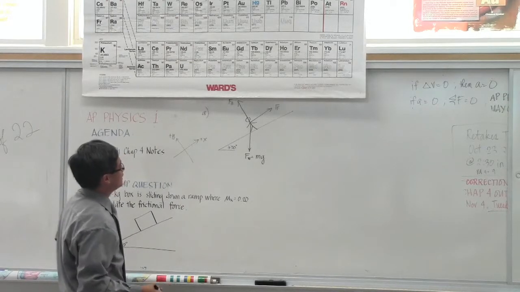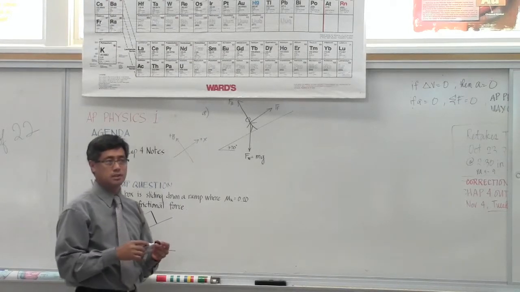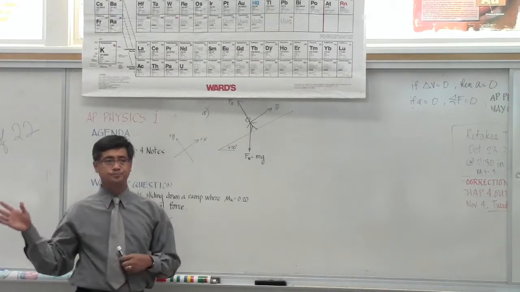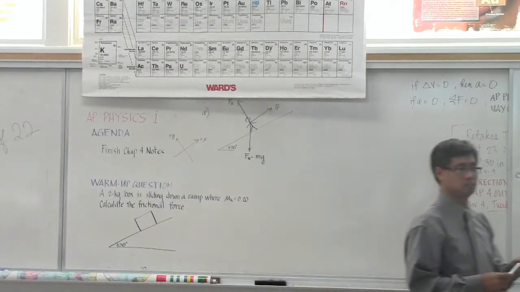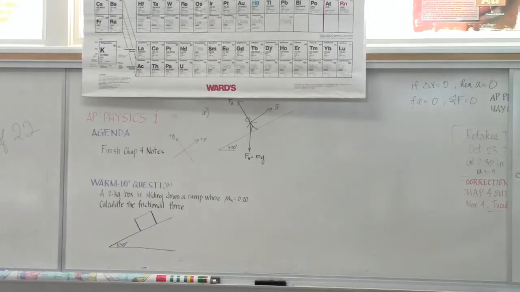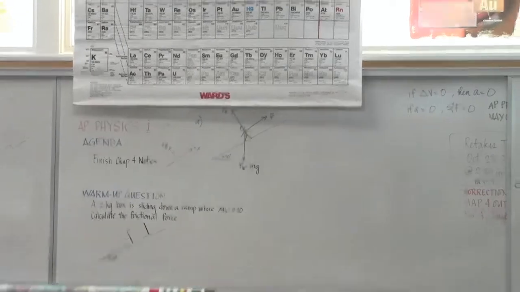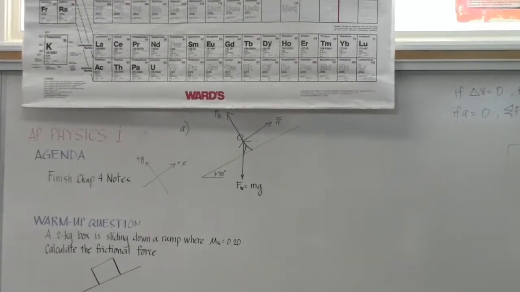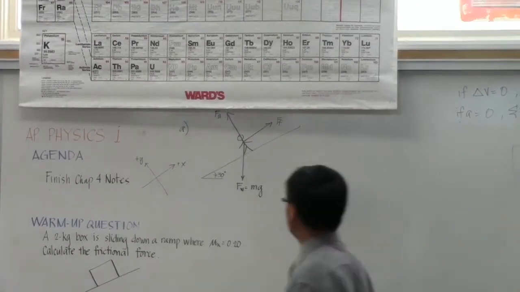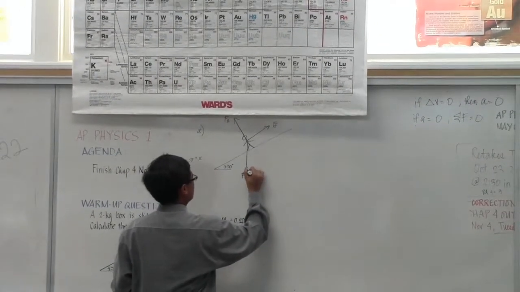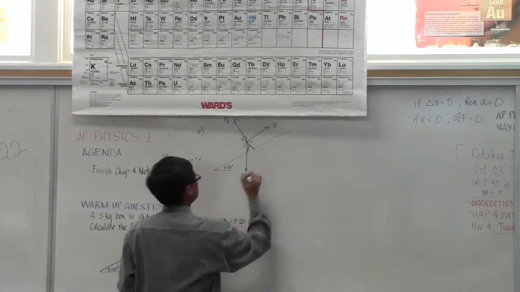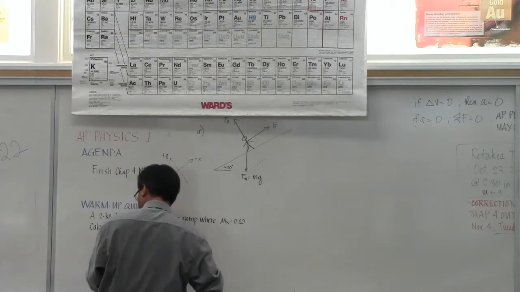So what's the first thing that we need to find out? The x or the y component of the force? Probably the y. The y component, okay? Now to draw the y component, let's draw a broken arrow from the tip.